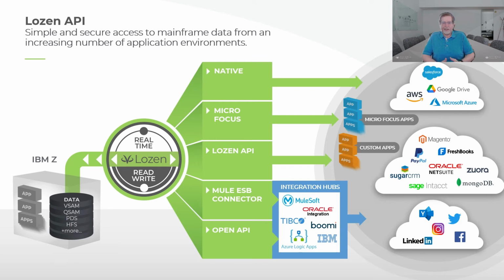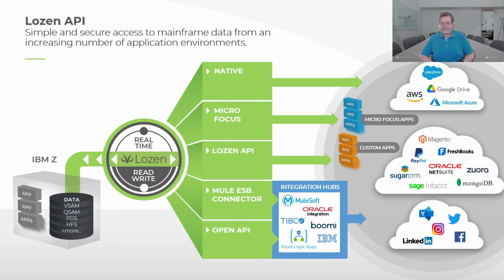And what that means is a Mule customer can go right to Mule's development environment, their Anypoint Studio, and in a very visual, graphical way, they can just grab a Lozen object from a palette of controls, drop it in their data flow, configure it to do whatever they want it to do, and now with exactly zero code, they're accessing mainframe data.